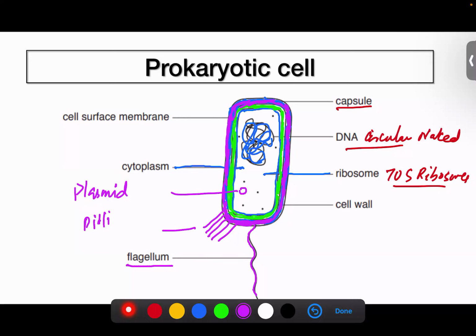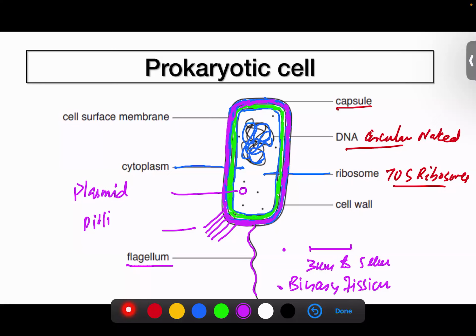Then diameter of bacteria ranges from 3 micrometer to 5 micrometer, and they divide by binary fission. There are two processes of cell division. One is known as binary fission and other is known as mitosis. Mitosis is a type of cell division in eukaryotic cells, whereas the binary fission is a type of cell division in prokaryotic cells or in bacteria.